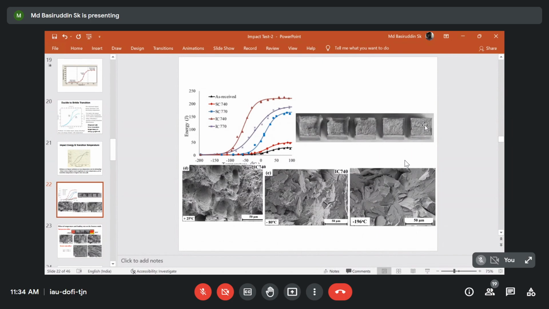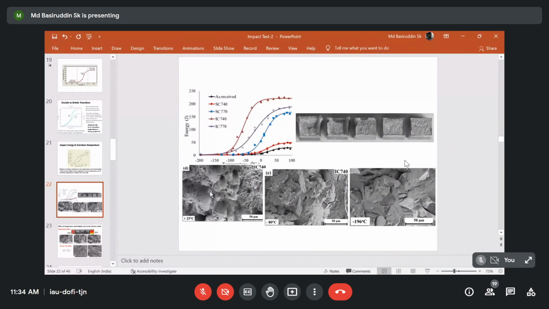If you see the micrograph, you can find the brittle fracture looking like this. If you see the sample fracture surface at high temperature, this kind of fracture will happen. If you see the fracture micrograph, it shows ductile fracture where ductile voids and micro voids will exist.